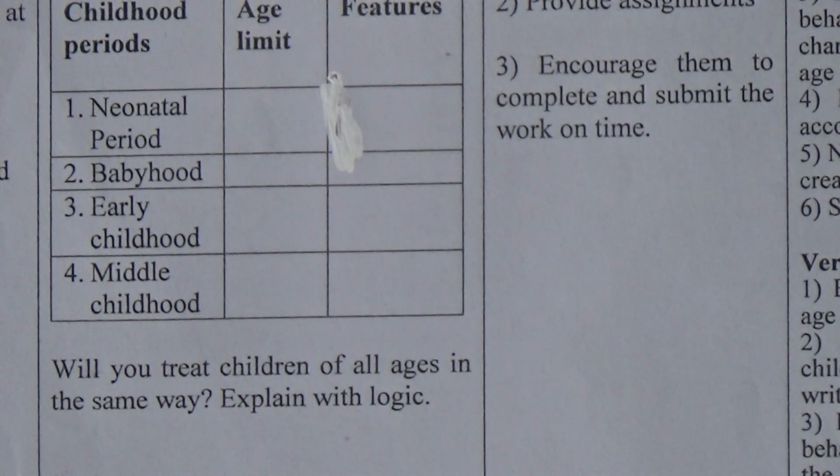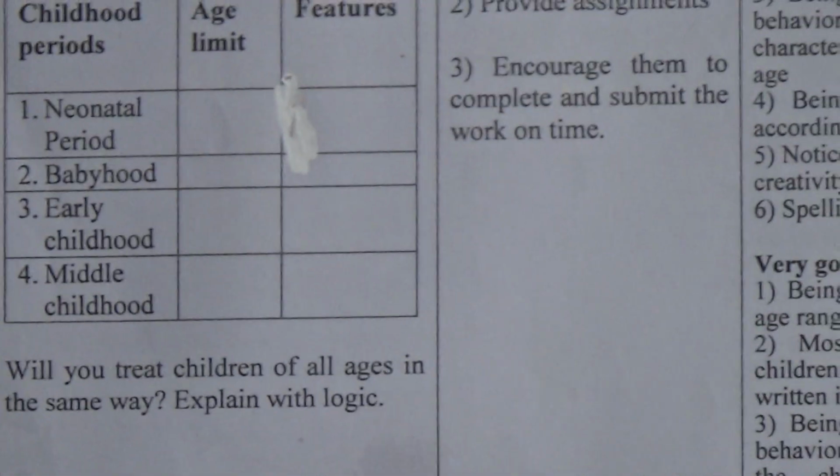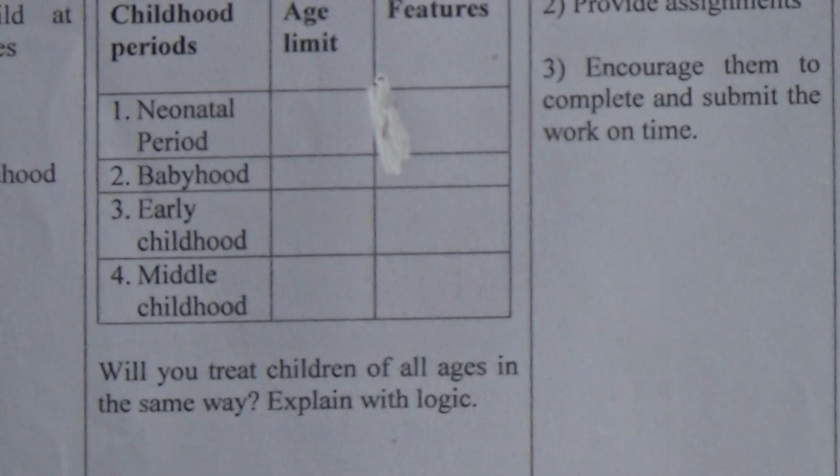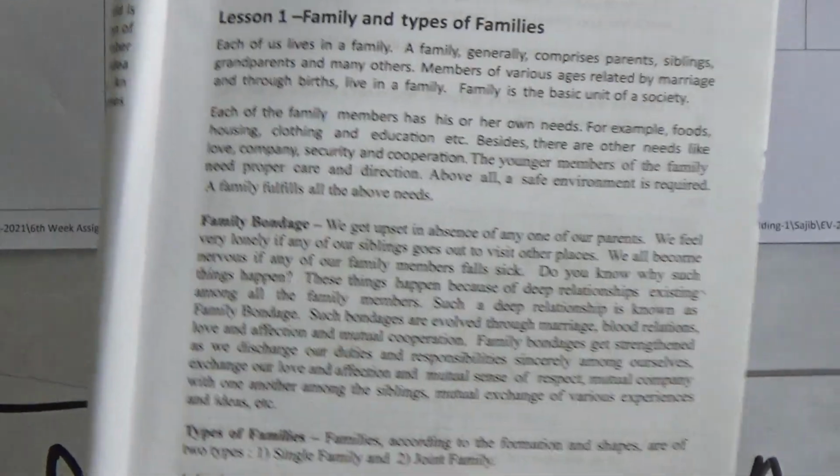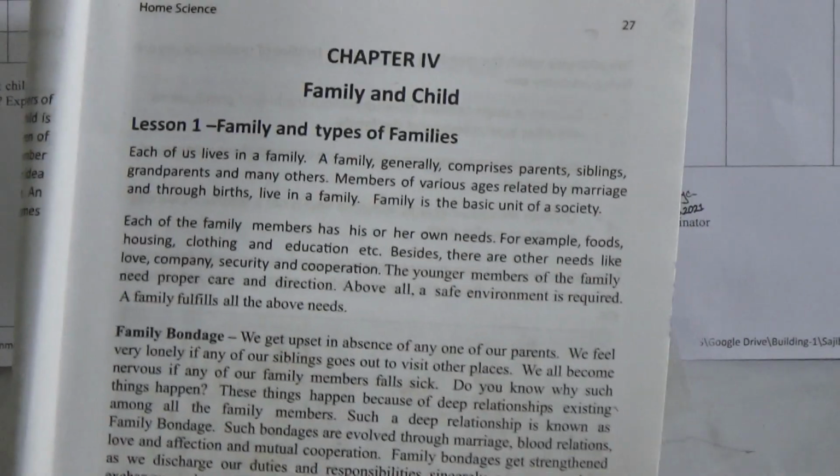Now I will show you how you will collect your information from your books. Look student, this is your home science textbook. You will collect some information from chapter 4, Family and Child. First, before preparing your assignment, you have to read this topic very carefully and attentively.